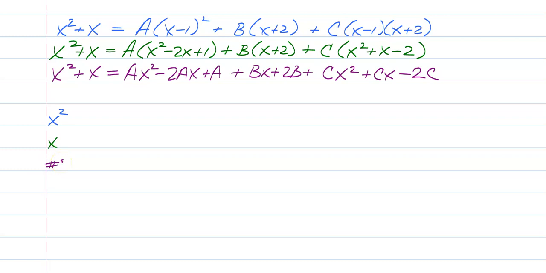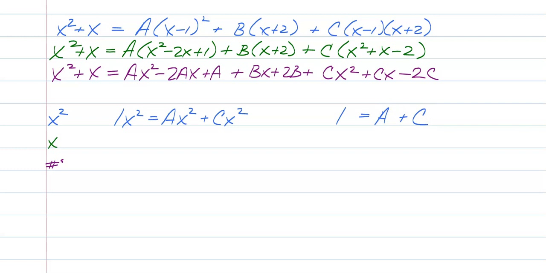So for our x squareds, if we look through this last line, we have 1 x squared is equal to a x squared. There's no bx, but we have a c x squared. Writing this in terms of just the leading coefficient for each one, this is going to end up being 1 is equal to a plus c for our matrix purposes.